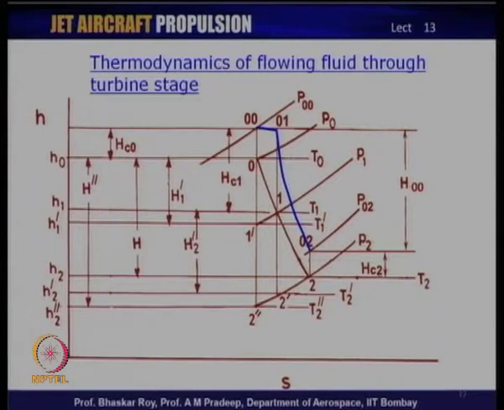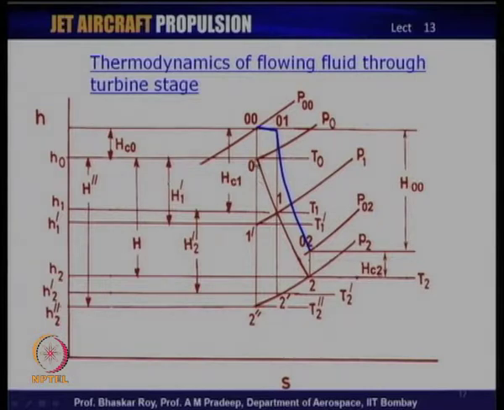So, this actually shows the flowing fluid through the whole turbine stage, and now we have 3 stations, let us say station 00, then station 01 and station 02. 00 is where the flow is entering the turbine, and it has a kinetic energy head given by hc0, let us say, and then across the stator it acquires a large kinetic head given by hc1, and so 01 is over here and 1 is down here.